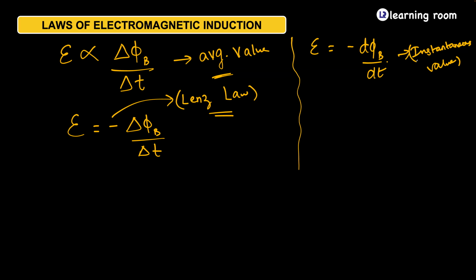If you want the instantaneous EMF, you use minus d phi by dt. If you want the average value, you use minus delta phi by delta t. Suppose the coil has N turns, you will just put N here and N here. Is that clear? Yes. So make a note of this.